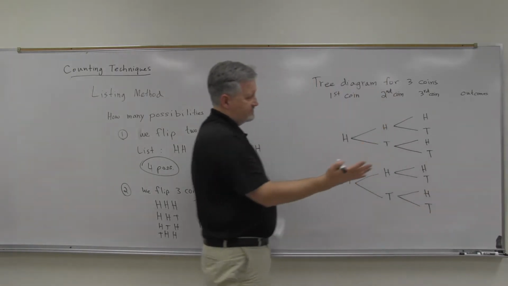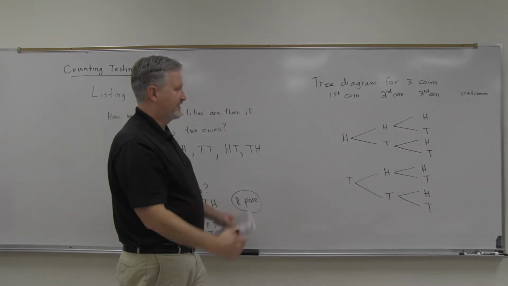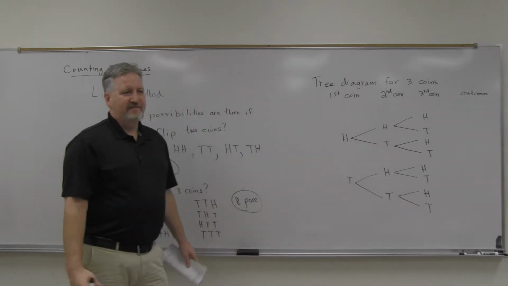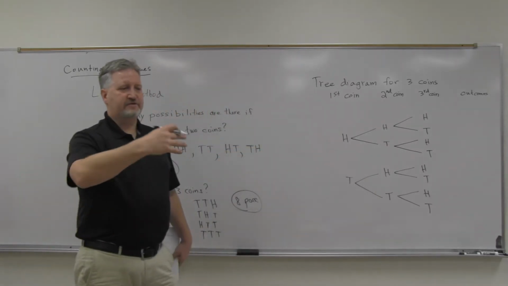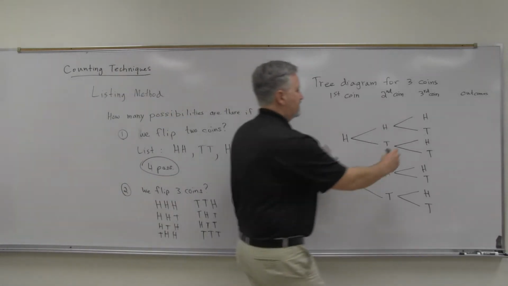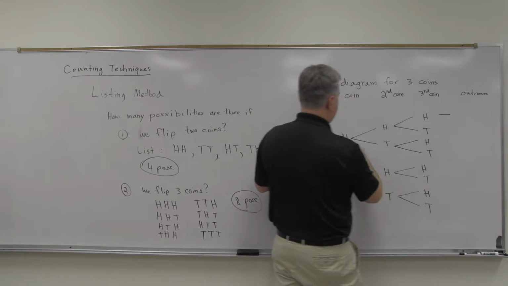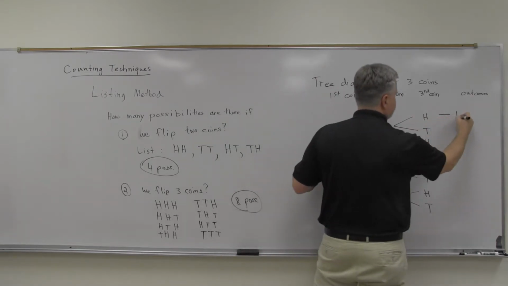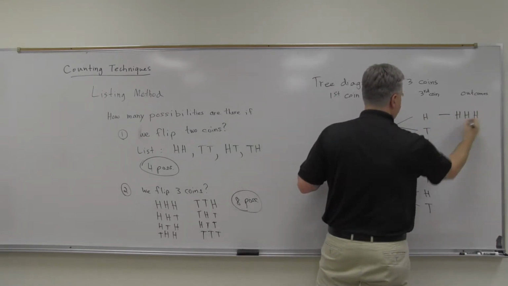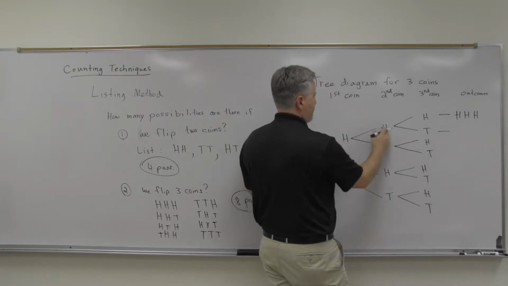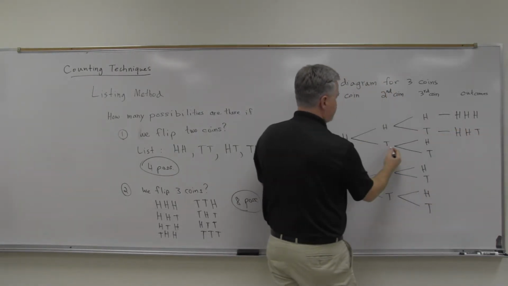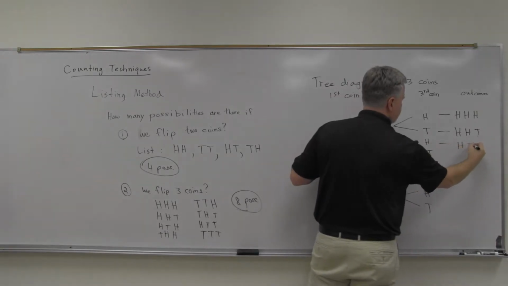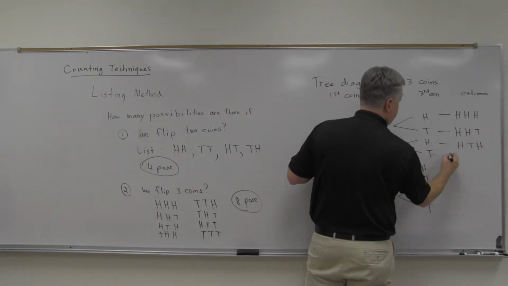So you kind of see it's called a tree diagram. It doesn't just look like a tree, but that's the name they give this. It's just another systematic way of doing it. And notice we get the outcomes here. We've got heads, heads, heads. Just follow the branches all the way through. Heads, heads, tails. They'll be in a little different order. Heads, tails, heads. Heads, tails, tails.